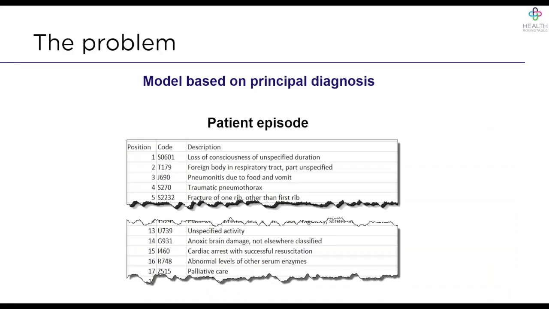So what's the problem, and what's our motivation for coming up with something different? Okay, so let's consider a model based on principal diagnosis. What we've got on the screen at the moment is an example of a patient episode. The diagnosis listed in position 1 is the principal diagnosis. The rest of the diagnoses are then listed after that.